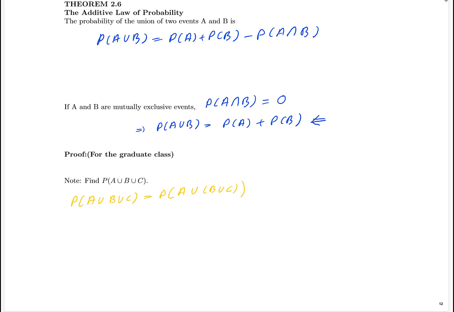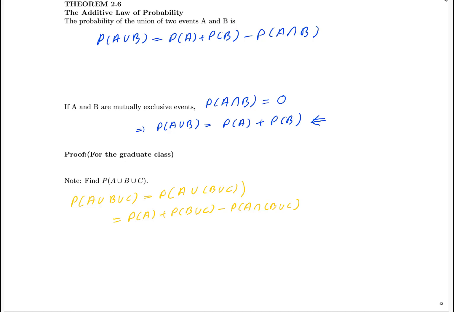So we have two sets here, A and B union C. Then we can apply the additive law of probability to this. So we can write probability of A plus probability of B union C minus probability of A intersection B union C.